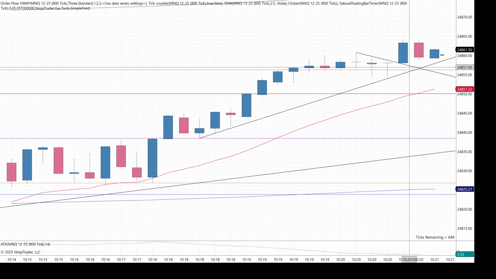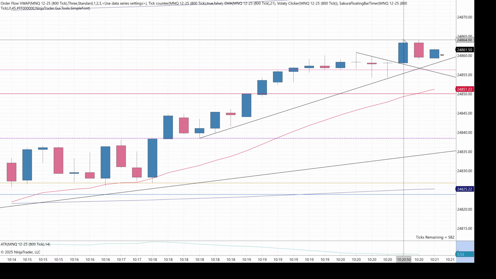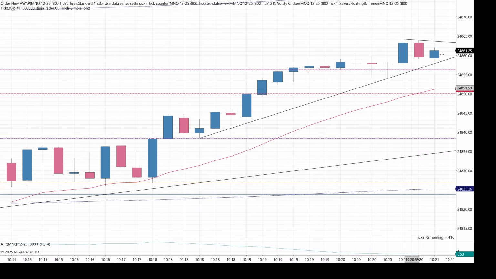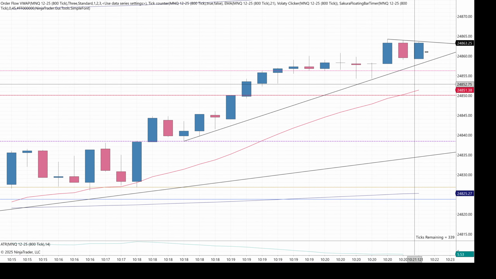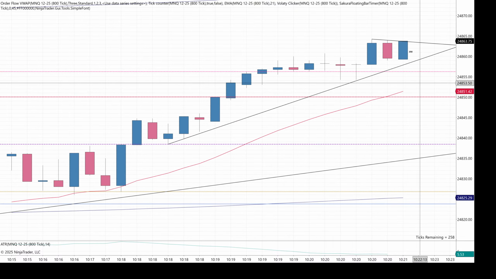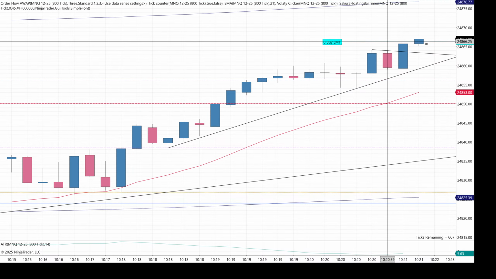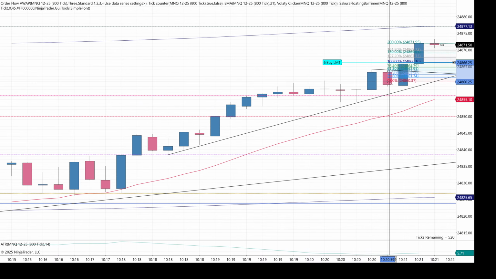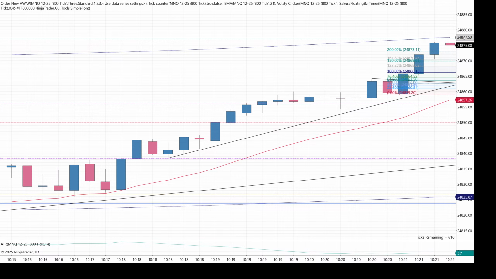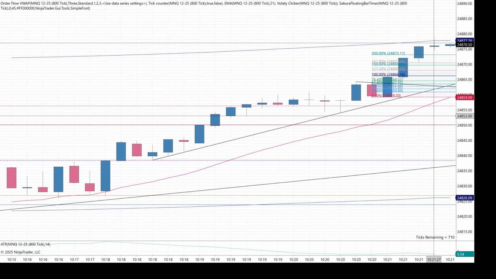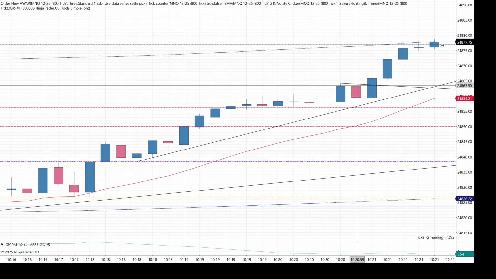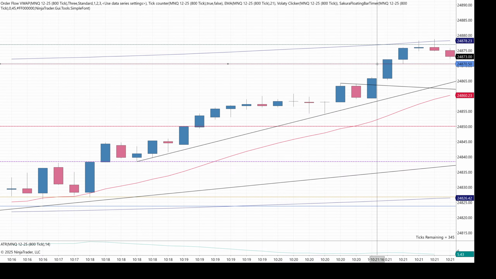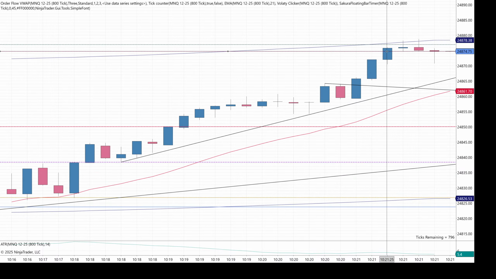Didn't. Okay. So this is going to be the candle. I think we missed it. Yep. It happened way too fast. I think the runner is out.